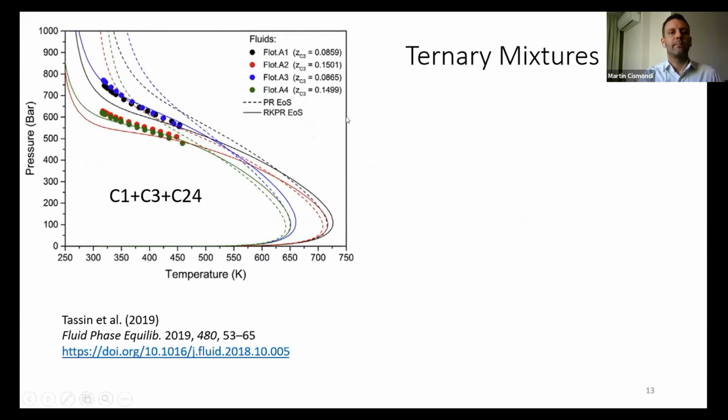In this example, C1, C3, and C24, so methane, propane, and tetracosane for different compositions, we also get these open envelopes. You have the details in this publication if you're interested.